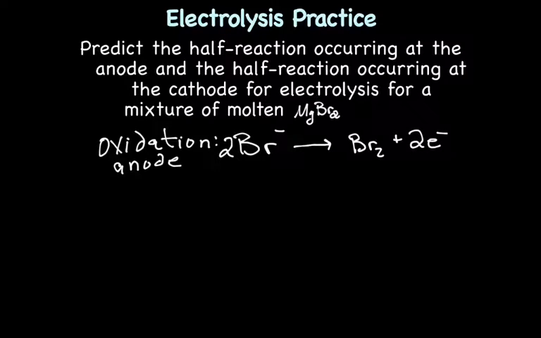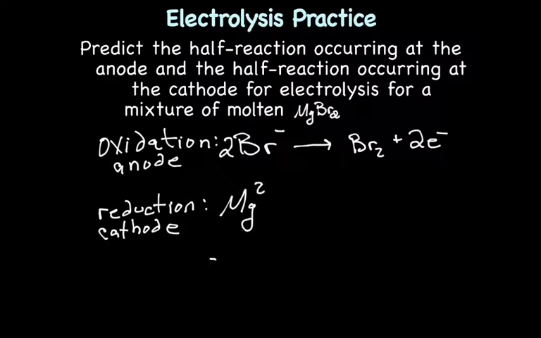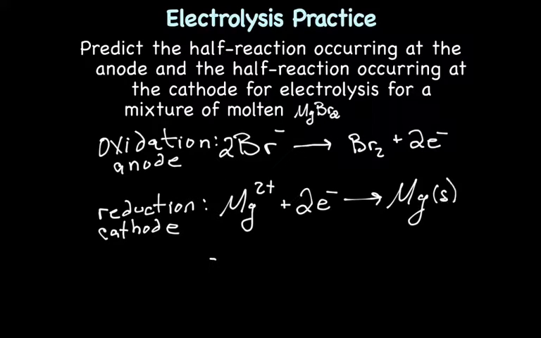Okay, and then the reduction, or the cathode, is going to be the magnesium. So magnesium ion plus 2 electrons is going to give us magnesium solid.